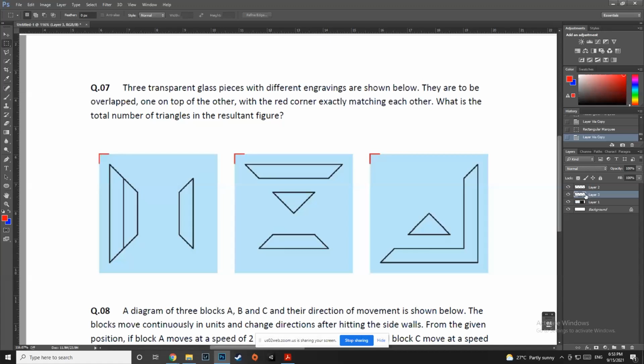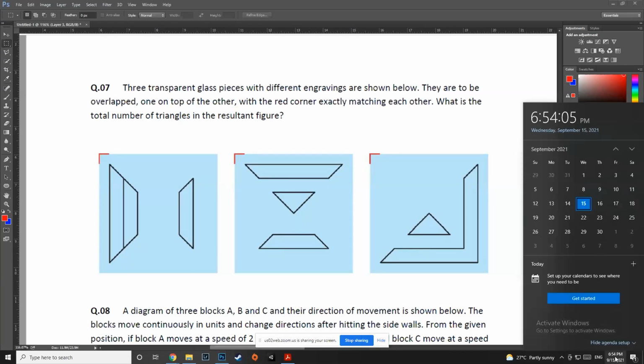What we're doing in Photoshop, you should be able to do it mentally. Okay, and that is exactly what we are going to learn in this class. So tell me, once you overlap them, how many triangles do you get? This is a pure shape counting question. You have till 6:56. Okay, 2 minutes should be more than enough.